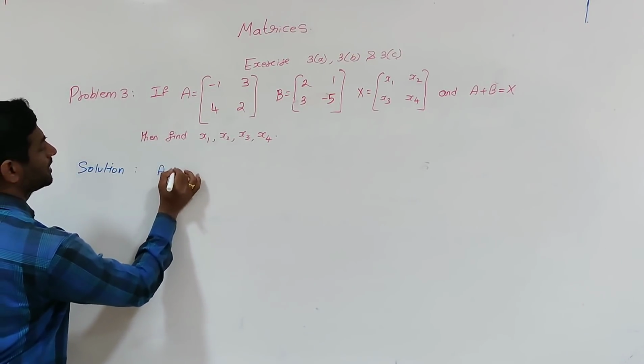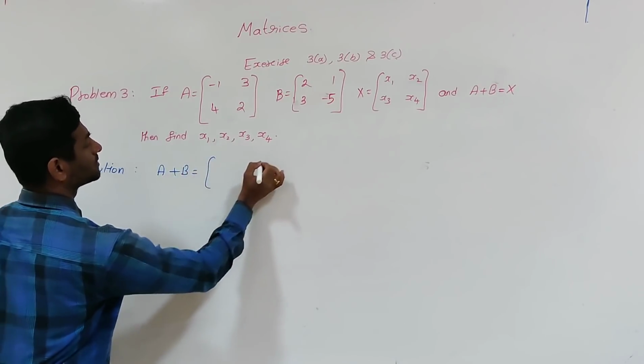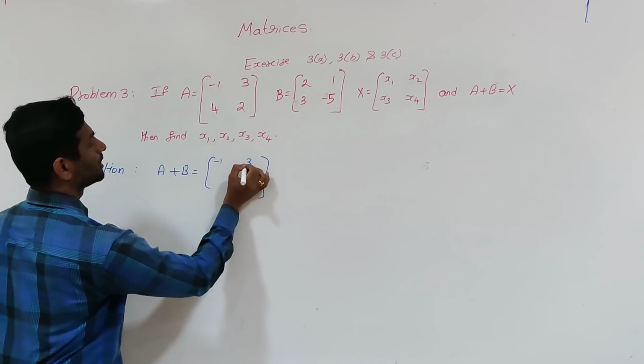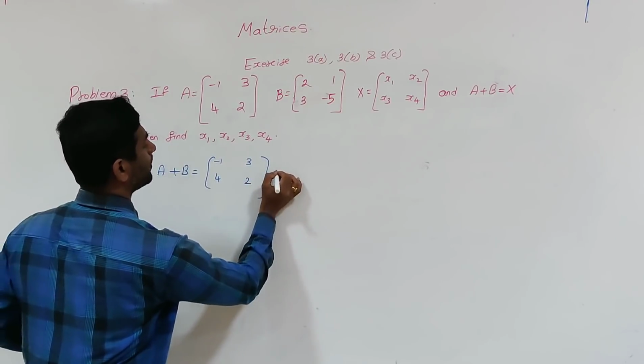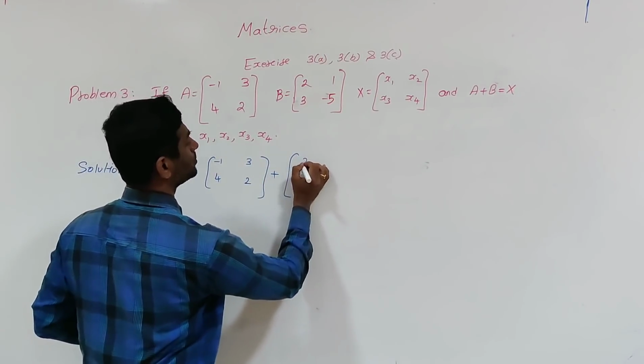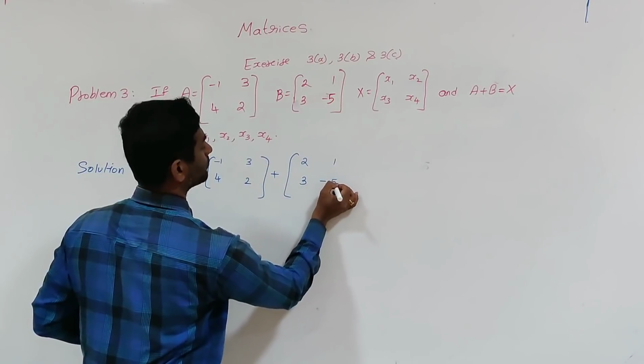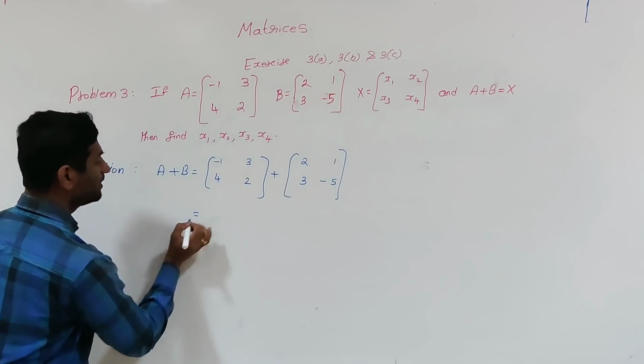Solution, A plus B. Let me write the matrices. Minus 1, 3, 4, 2 plus, and what is B? 2, 1, 3, minus 5. Now what will be A plus B?